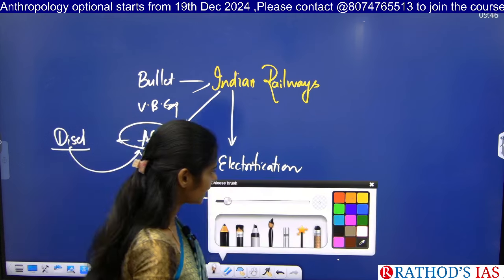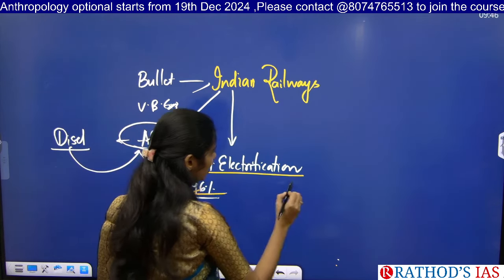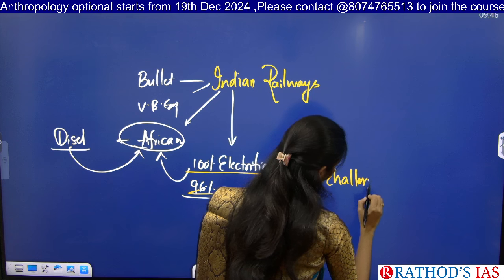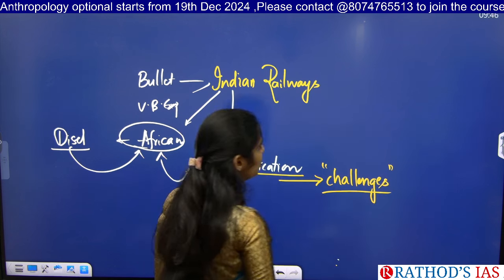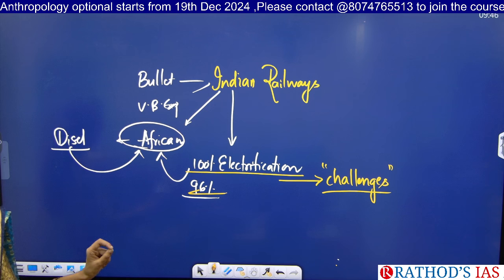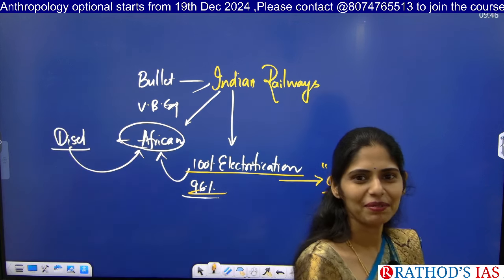This article says that whenever we go for 100% electrification, we have some challenges. The article is entirely about what challenges we have if we want to move to 100% electrification of our Indian railways. Now tell me, what might be the challenges?